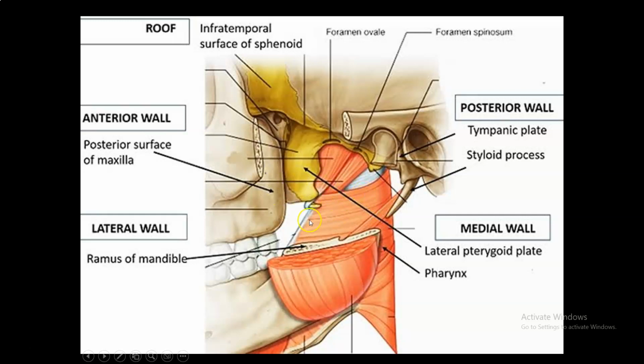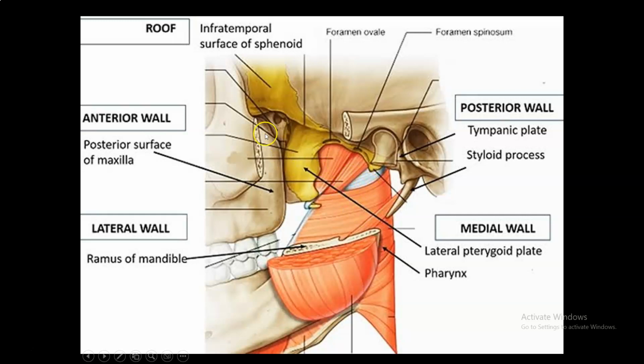So again, it is a fossa deep to the ramus of the mandible and the masseter, forming the lateral boundary, and the medial boundary is formed of the lateral pterygoid plate, lateral pterygoid muscle and the pharynx.